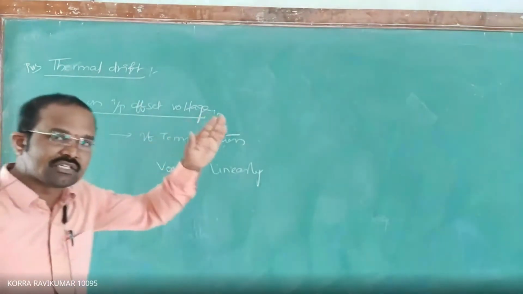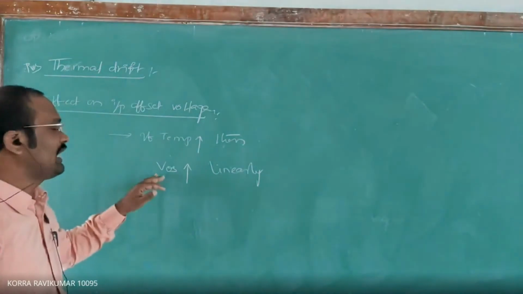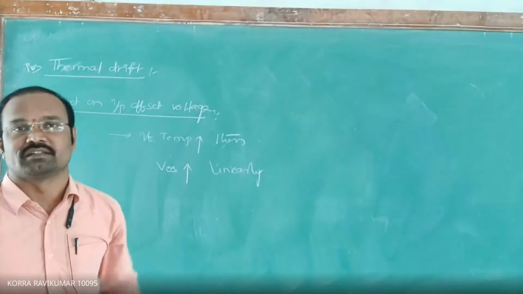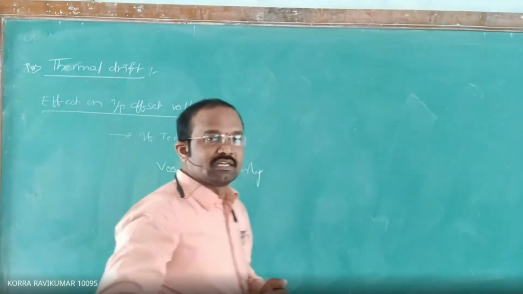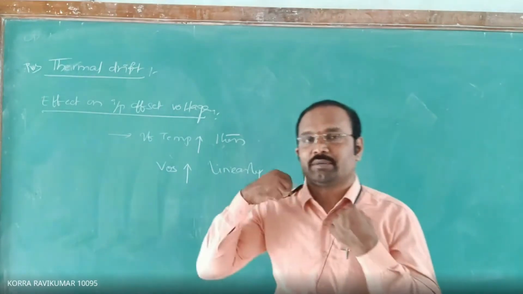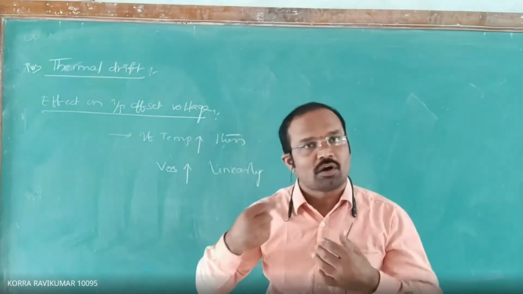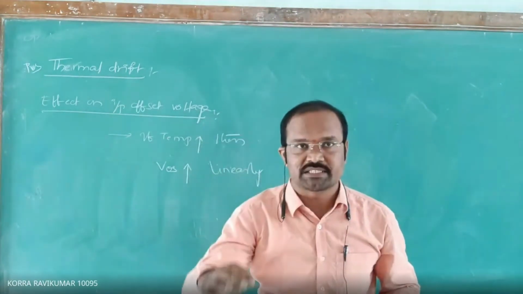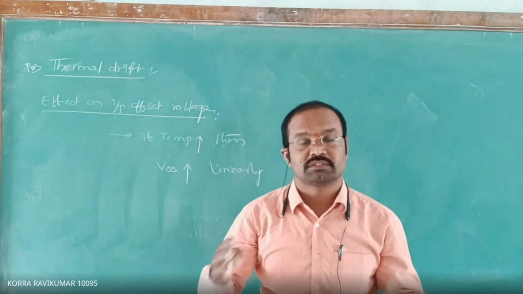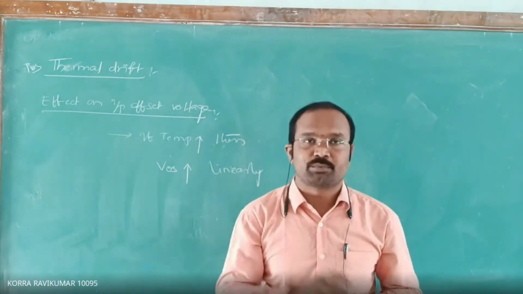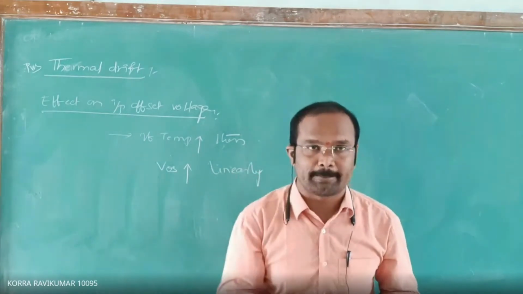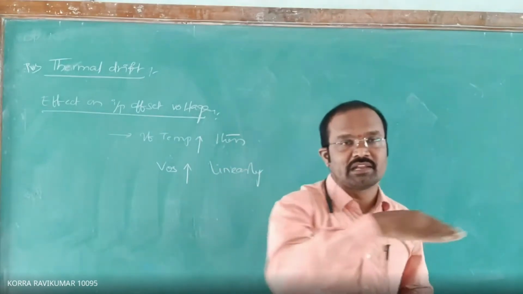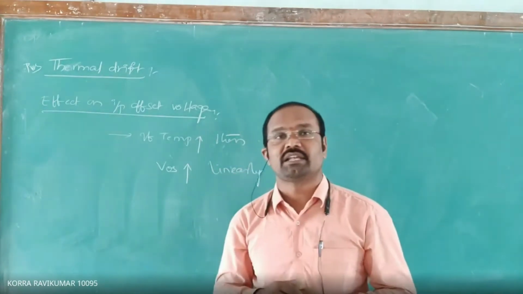If the temperature decreases, then the value of input offset voltage also decreases linearly. Whether the temperature is rising or falling, the input offset voltage of a practical op amp increases and decreases linearly with respect to the temperature.